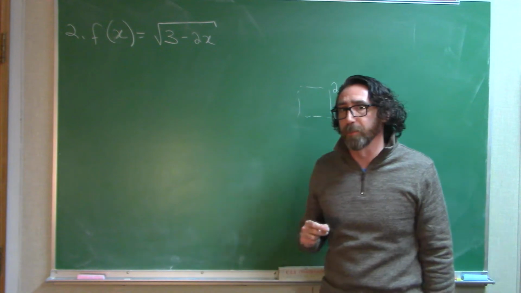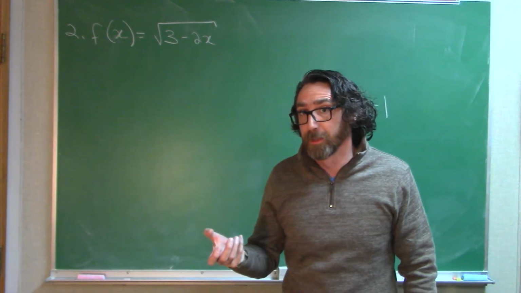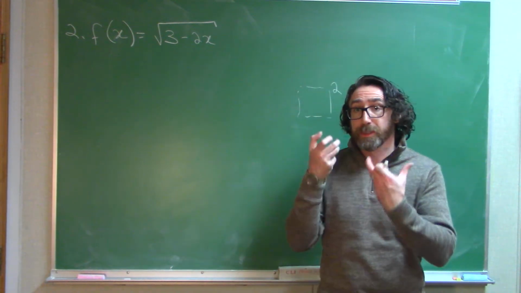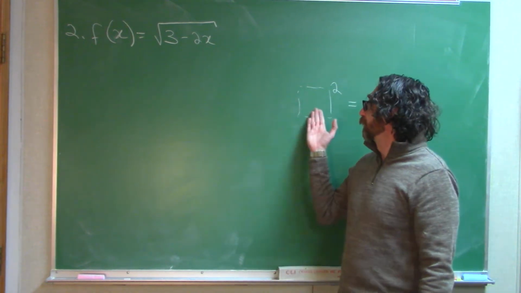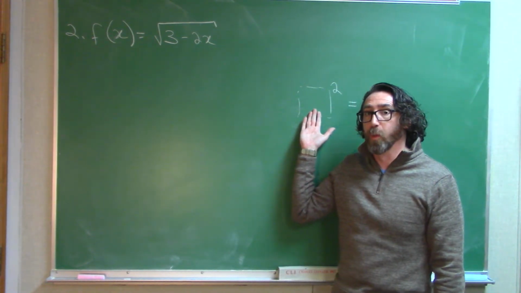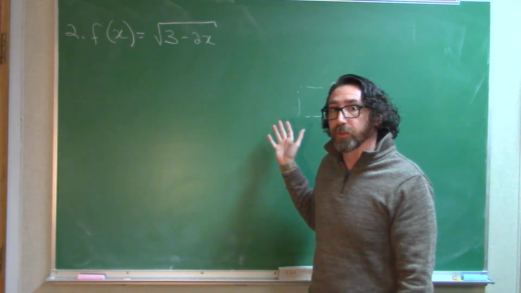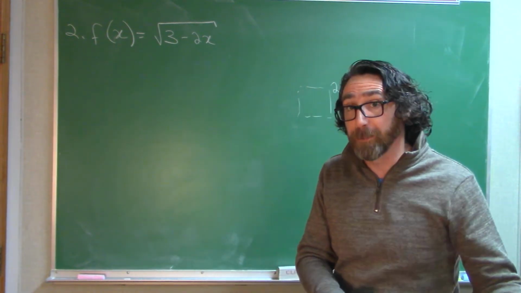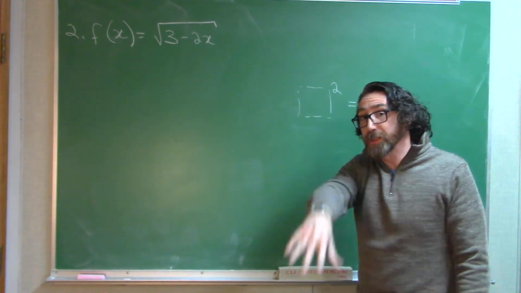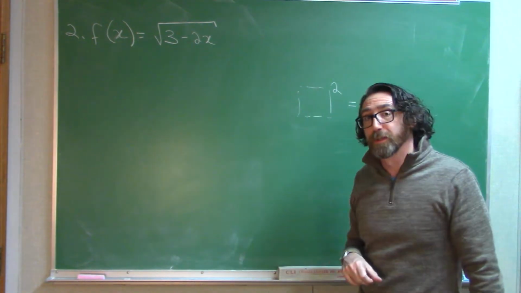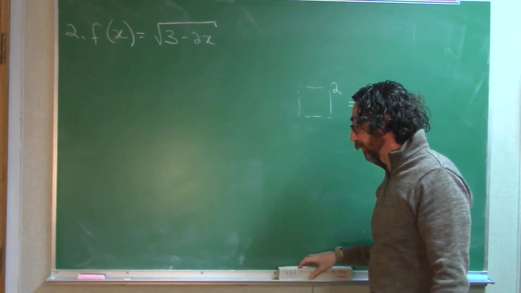If I take a negative number and I square it, well, there I'm taking a negative number times itself. A negative number times a negative number is also positive. So there's no positive number that will work for this. And there's also no negative real number that will work for this. Those of you that have seen complex numbers, you might know how to answer this problem. But as far as the real number system goes, there's no real number x that I can put in this box to make this equation work.